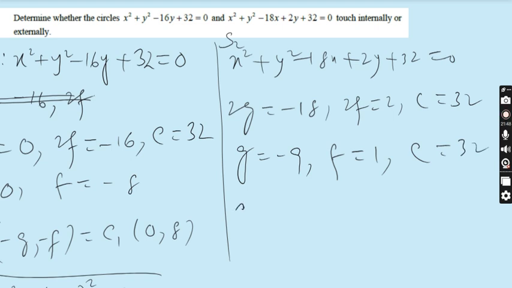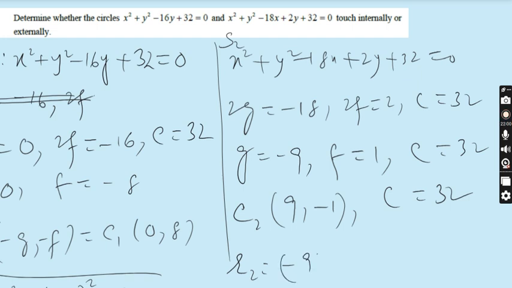Now the coordinate of center C2 is minus g, minus f, which is 9, minus 1, and the constant term is 32. Radius R2 is the square root of g square plus f square minus c.